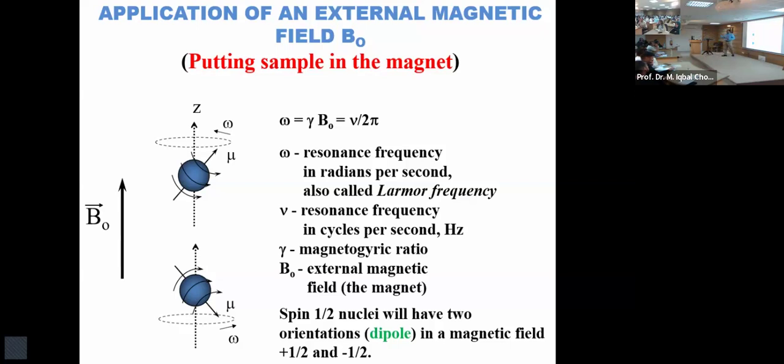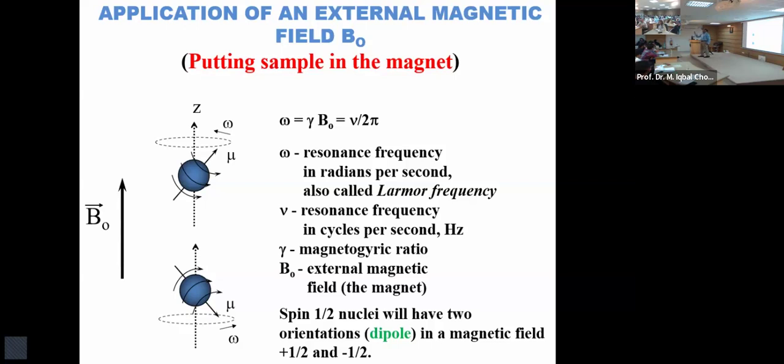So in the absence of magnetic field, the nuclear spins of NMR active nuclei were spinning around their own axis in every direction. When you place the sample in a magnetic field, they divide themselves, in the simplest form as a dipole, into two different energy states. And at the same time, they start precessing like this.